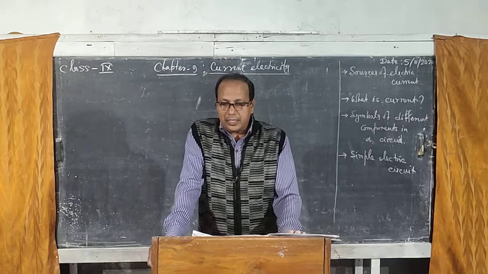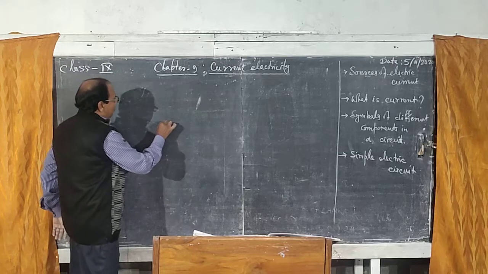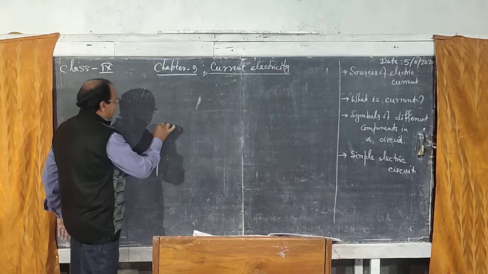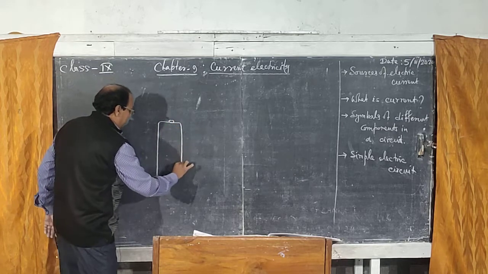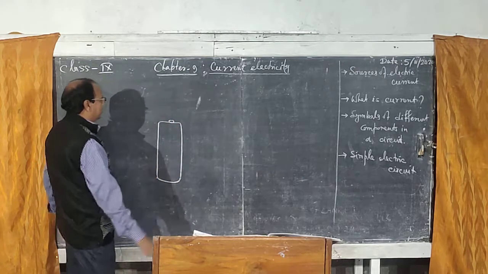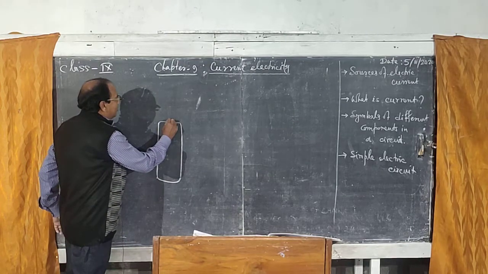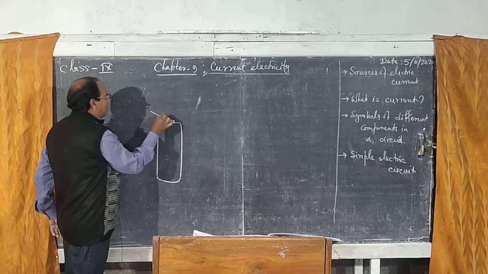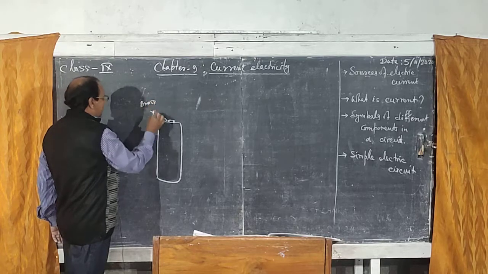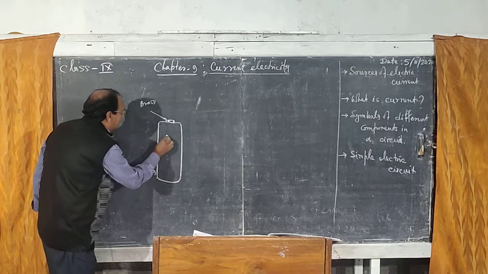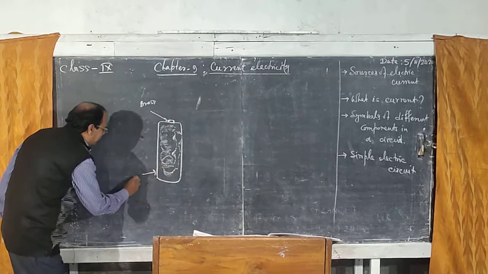An electric cell is a source of DC. So what is an electric cell? Usually what we get in the market, I am trying to draw a simple sketch of that one. So this is more or less a dry cell. This one is the brass cap, and the whole chemical is kept in a vessel made of zinc.